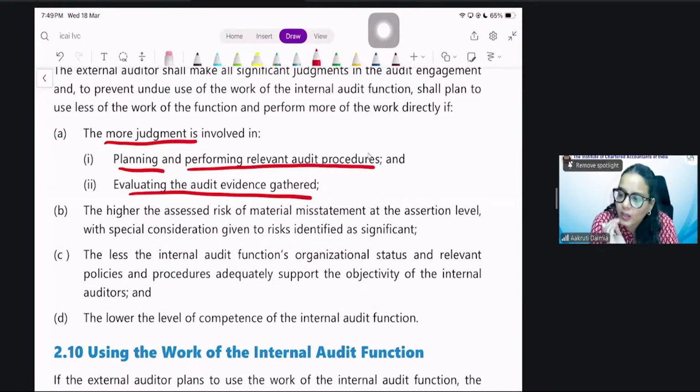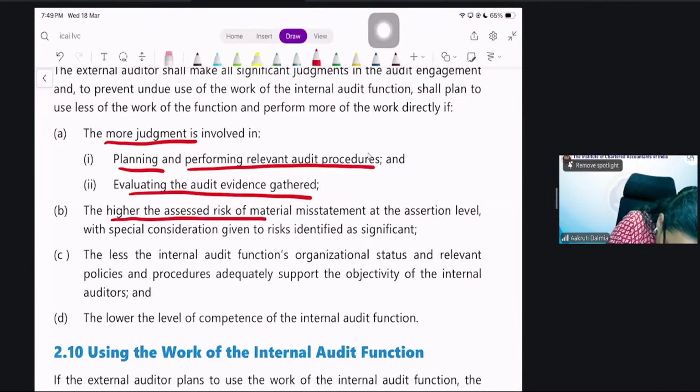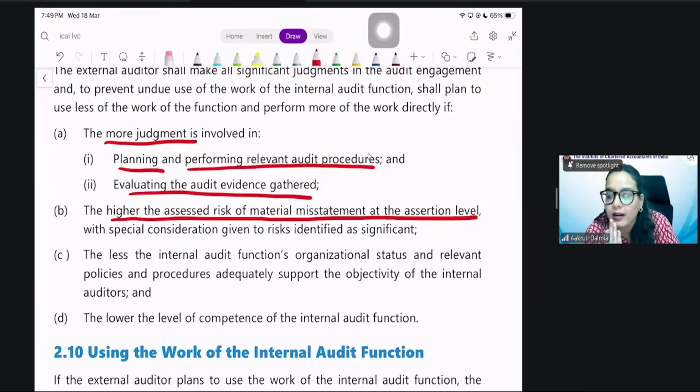Do you think I can use the internal auditor's work to help give me a final conclusion on audit evidence? No. If a higher assessed risk of material misstatement is there, do you think I can rely on the internal auditor's work? If I have found a high risk of material misstatement at the assertion level? Of course, no.